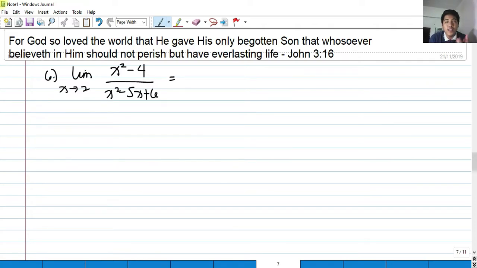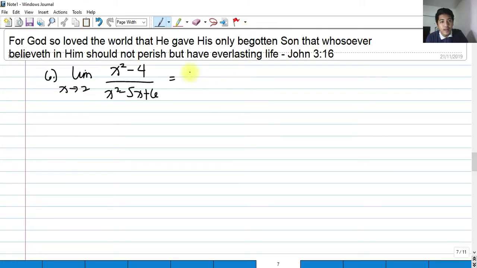So for an easier limit, we can factor out these two polynomials f of x and g of x. If the function is much simpler, then we can evaluate its limit much easier.